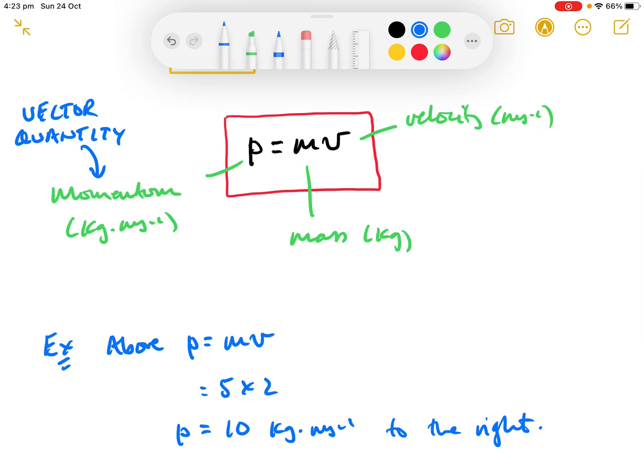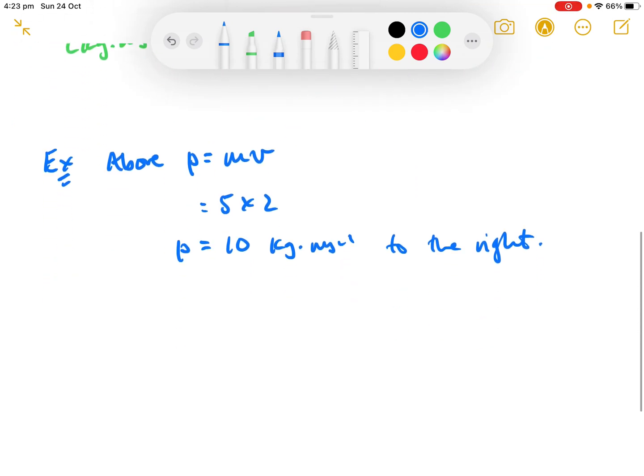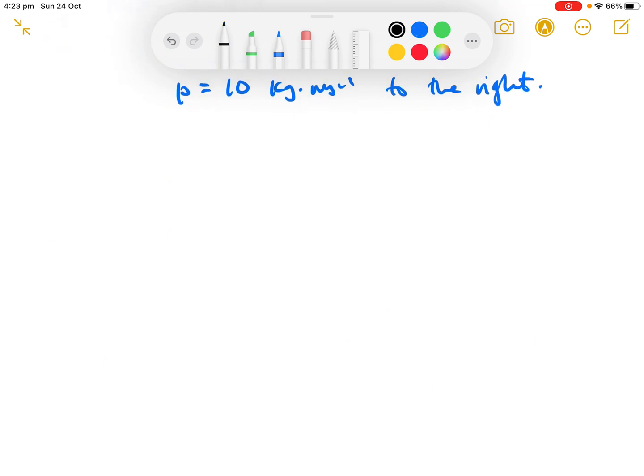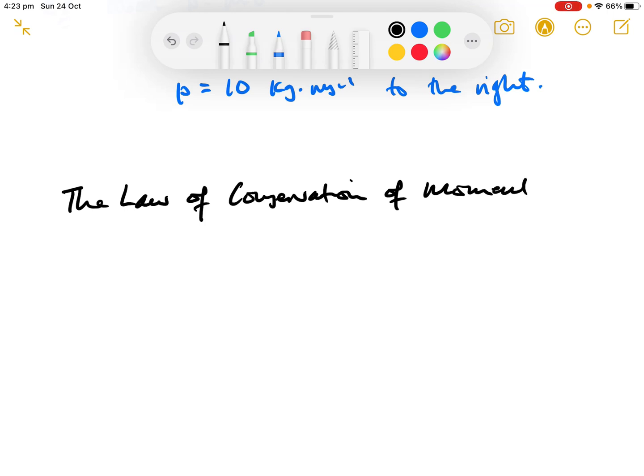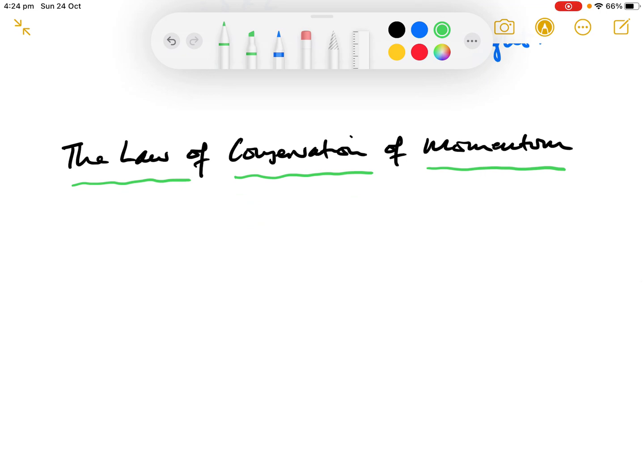Momentum, it turns out, is an extremely useful quantity because there is something called the law of conservation of momentum. Momentum is one of several conservation laws in physics, and this is another law which you should memorize. And don't forget the bit at the beginning.